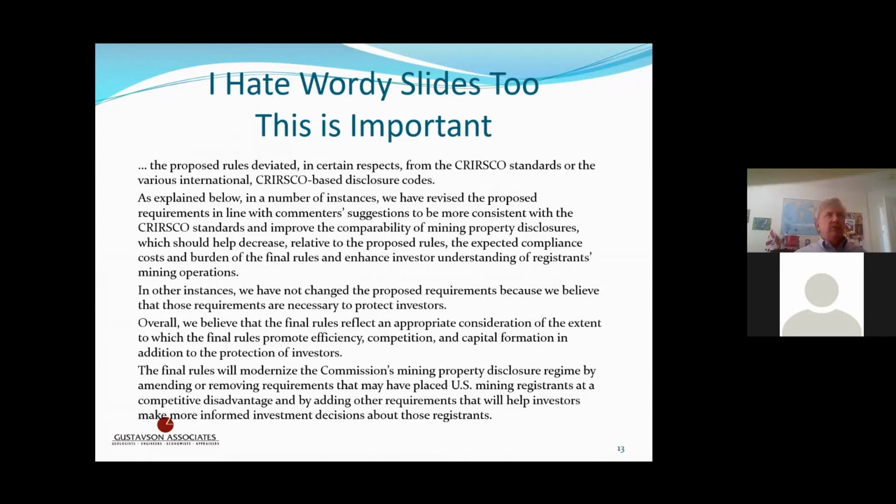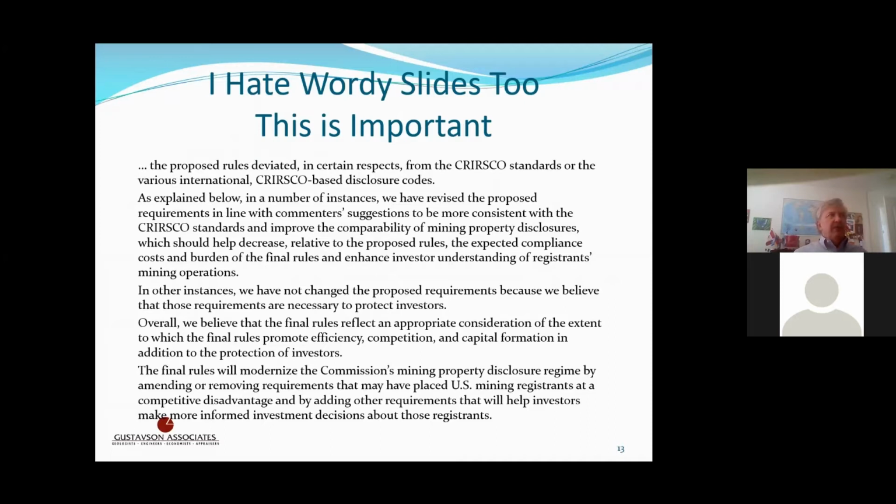The proposed rules deviate in certain respects from the CRIRSCO standards. As explained below, in a number of instances we, being the SEC, have revised the proposed requirements in line with commenters' suggestions to be more consistent with CRIRSCO standards and improve the comparability of property disclosures.